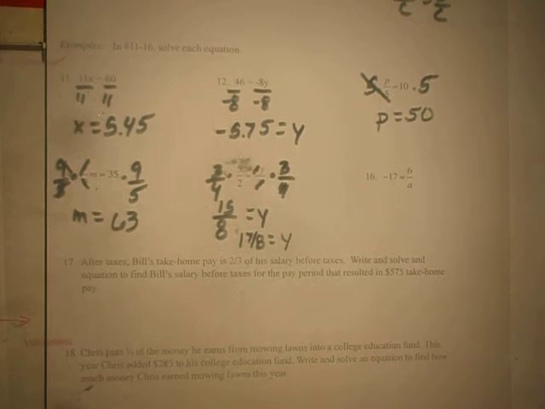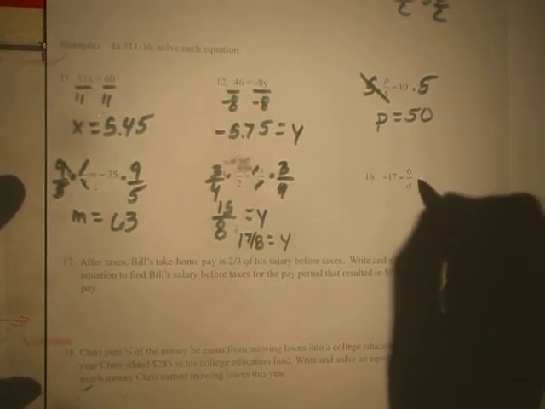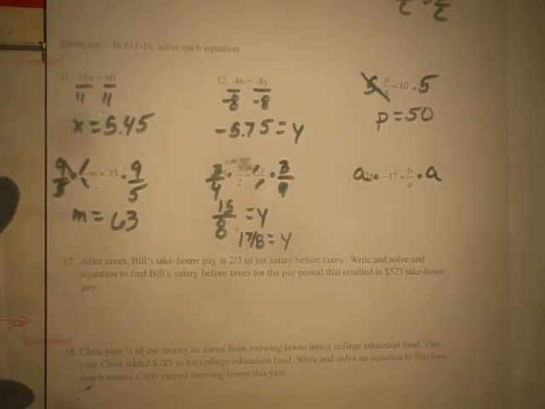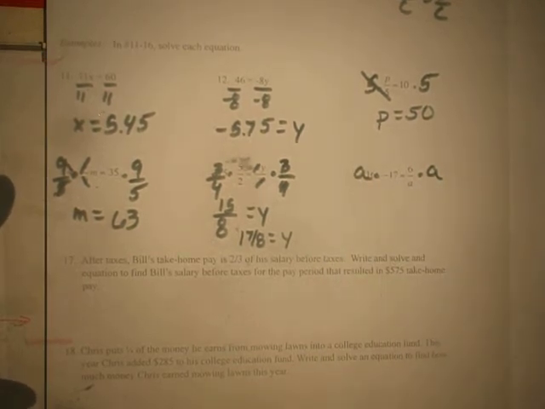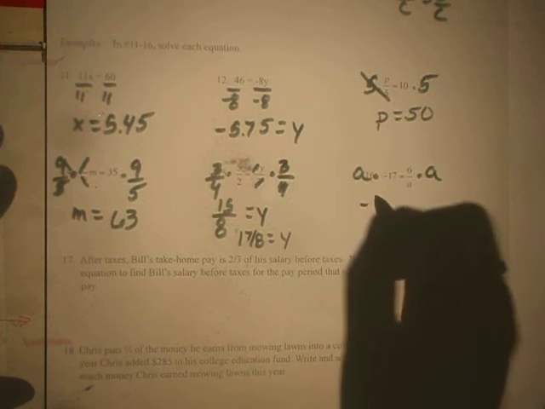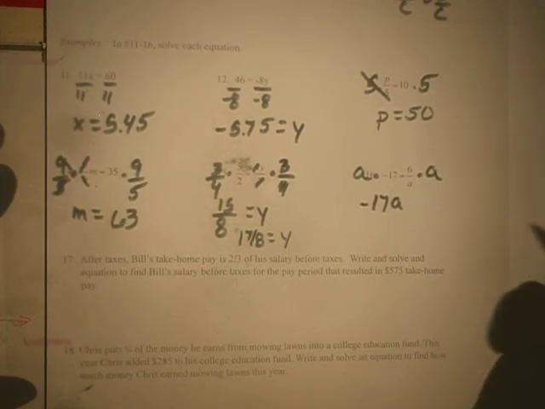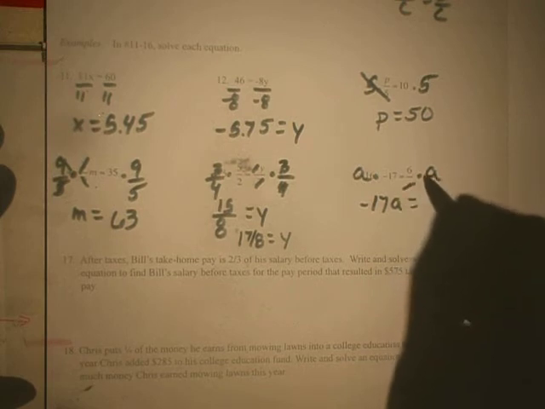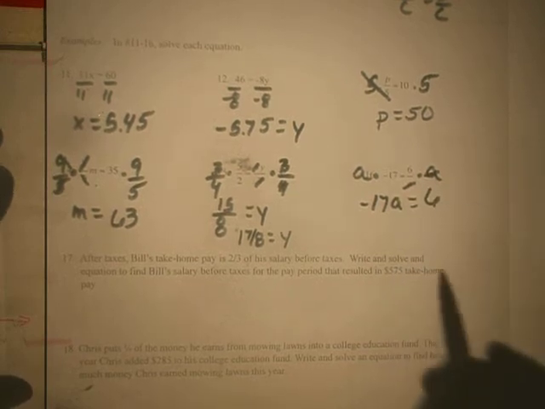Number 16 is negative 17 equals 6 over a. And what I'm going to do first of all is multiply both sides of the equation by a. I'm doing this so that I don't have the a on the bottom of the fraction anymore. And if we do that, we have negative 17a equals 6.